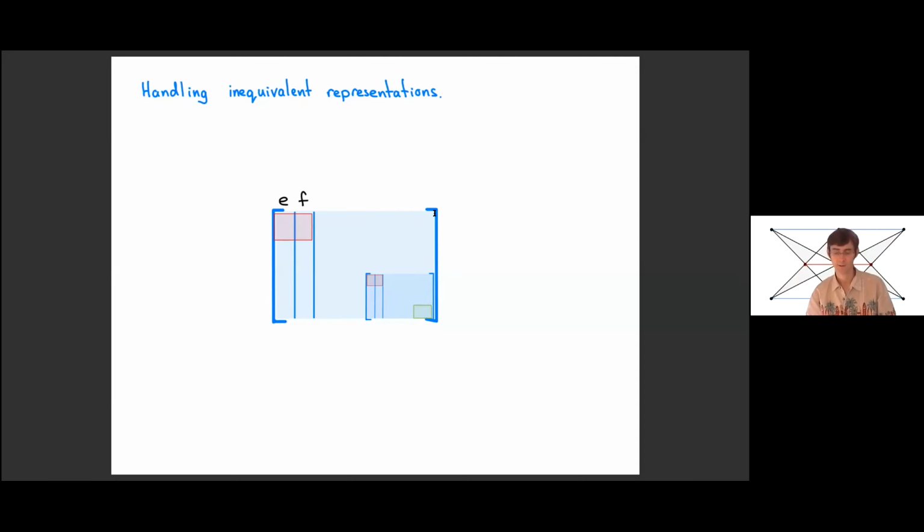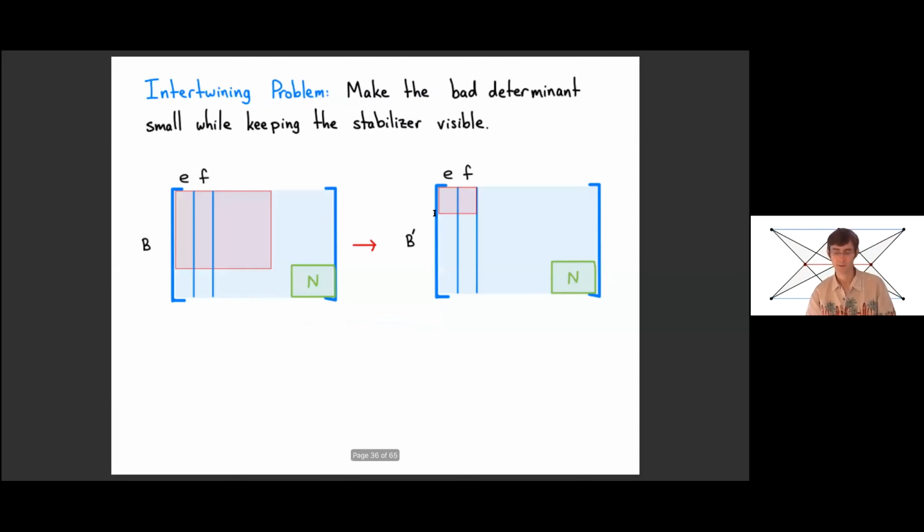Okay. So the problem that we're going to have to solve again and again and again is this intertwining problem. I've got my stabilizer, which is a moving target, and this bad determinant, and I want to ask how small can I make the bad determinant while keeping the stabilizer visible?